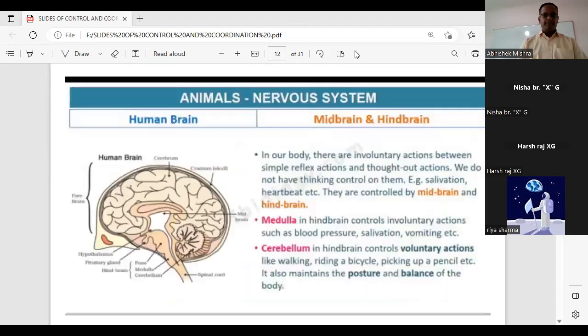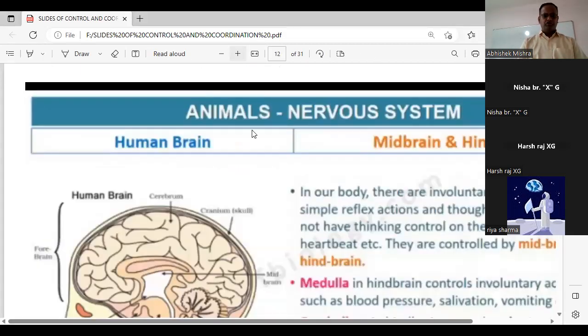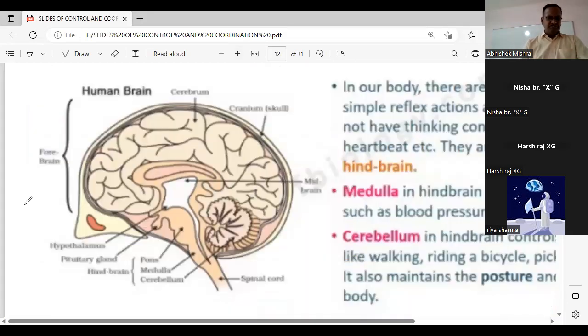All of you should see this image. This is the hypothalamus, and the pituitary gland is just at the base of the hypothalamus.